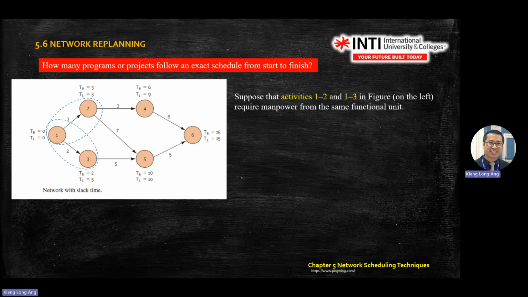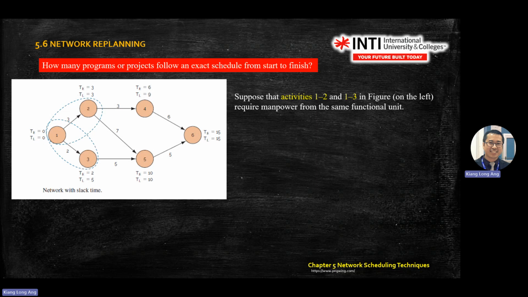Okay, for example, if you look at this diagram, this network, the time needed from station 1 to station 2 is 3 days, let's say, or 3 minutes and so on. 1 to 3, you need 2 minutes or 2 days. So here, from process 1 to 3 and 1 to 2, you can have a replanning.